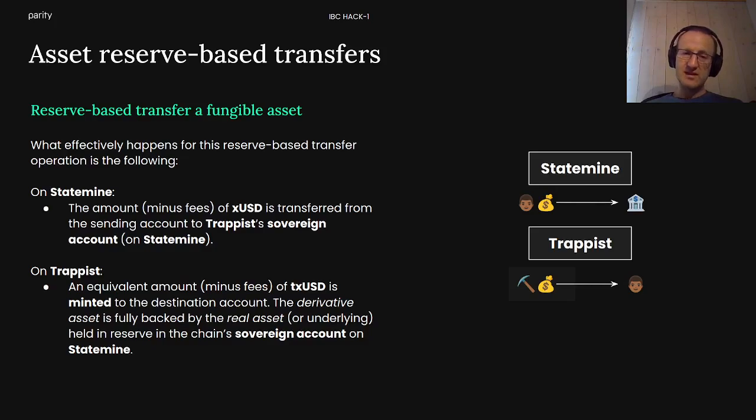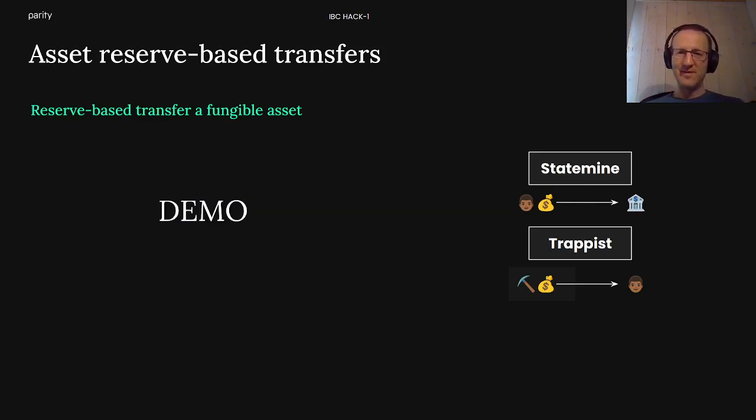And that amount of derivative asset is fully backed by the real asset, or also underlying, that is held in reserve in the chain's sovereign account on StateMine, right? That is a mouthful, so take a few seconds to let that sink in. But I will show it to you in action. So hopefully this will be a bit clearer. All right, let's go for the demo now.